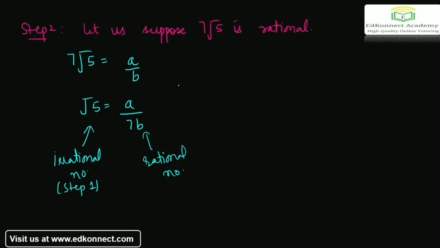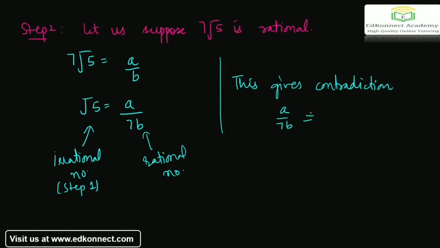So this is a rational number, and an irrational number and a rational number cannot be equal. So this gives us a contradiction. Why? Because a upon 7b can never be equal to root 5, and hence 7 root 5 is irrational.